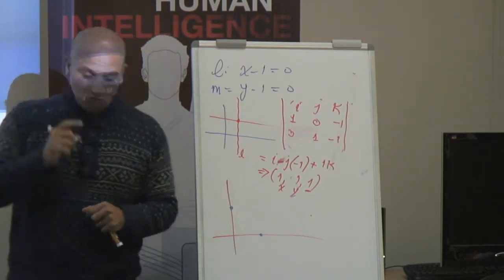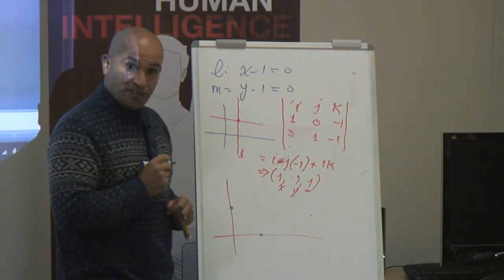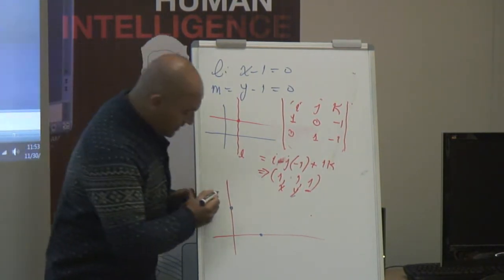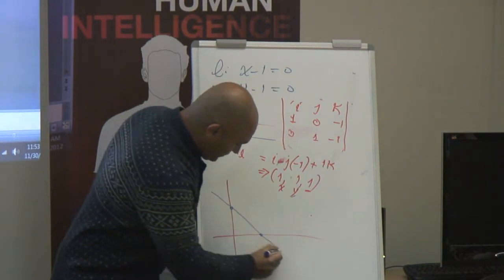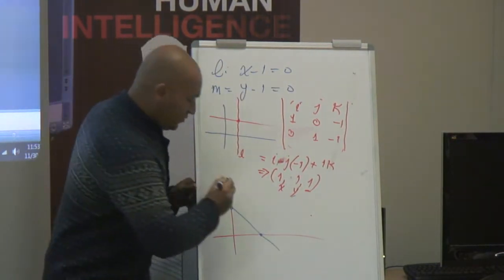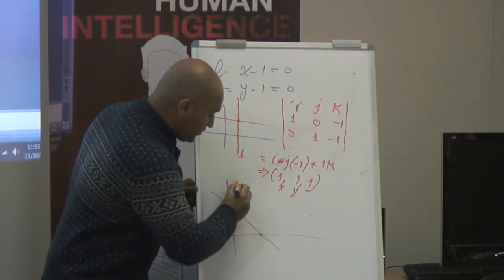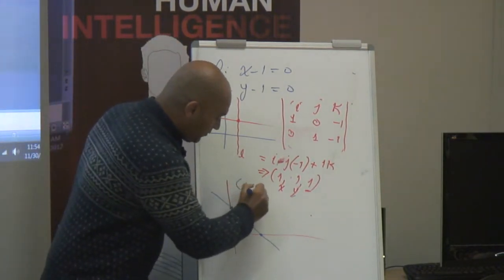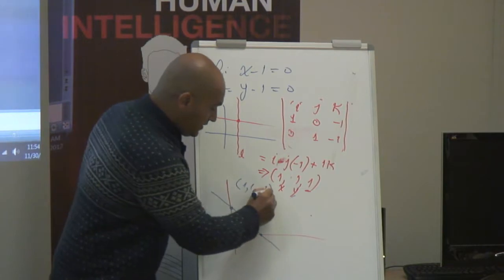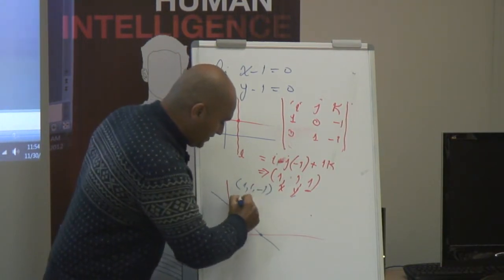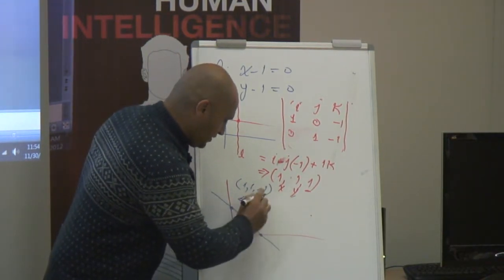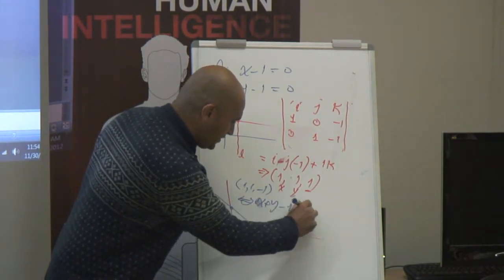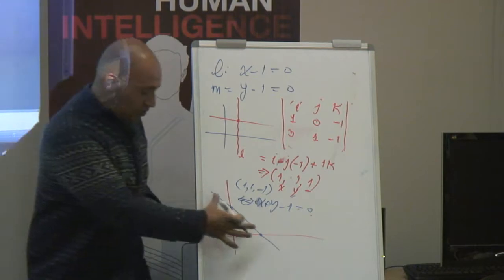Now, if I do the cross product of these, I will get this line. By cross product of these 2 points, I will get 1, 1, minus 1, and I can write it as x plus y minus 1 equals 0, which is the equation of this line.